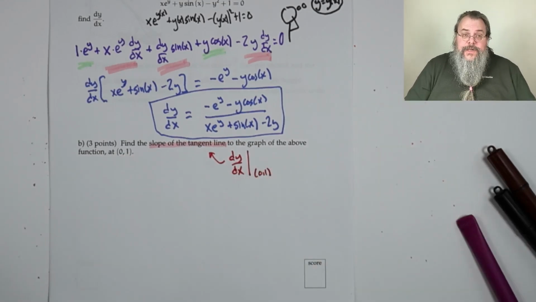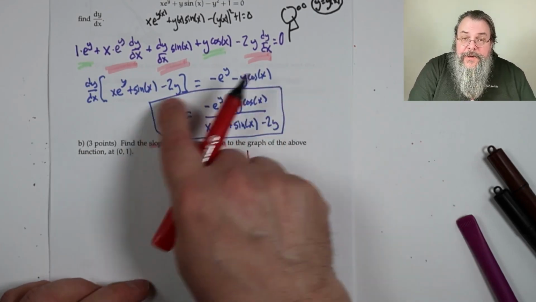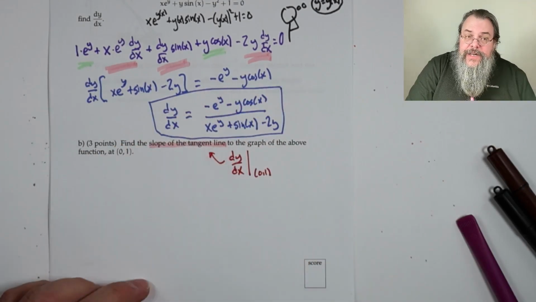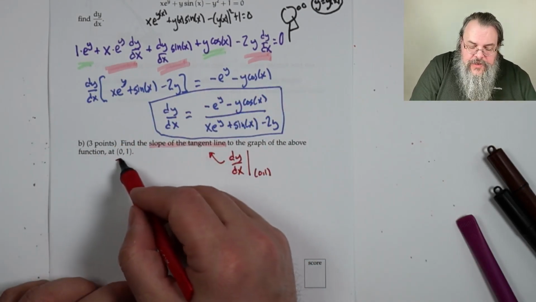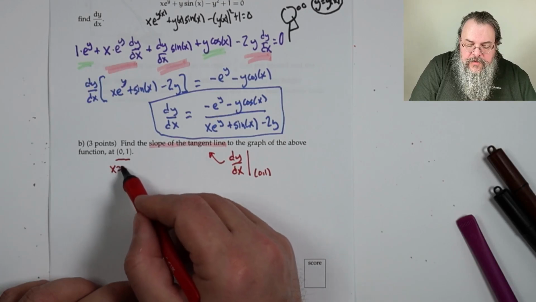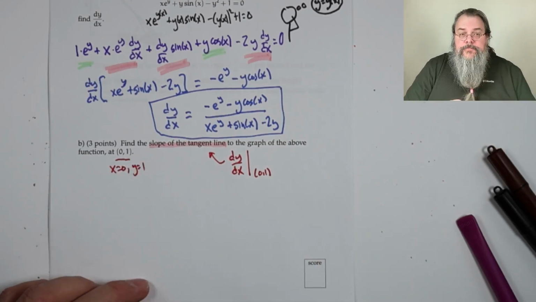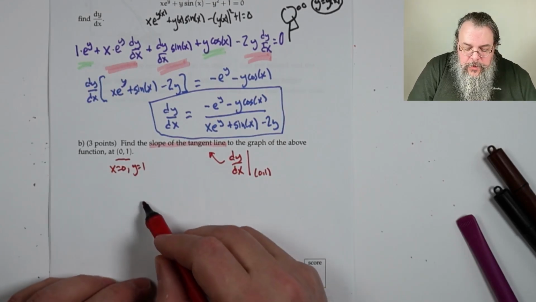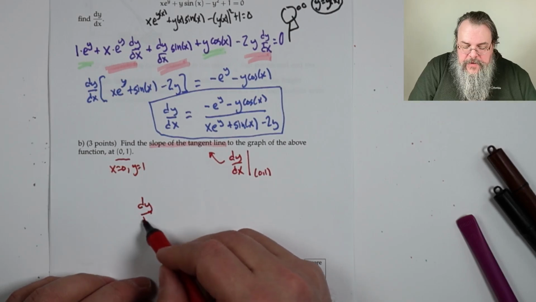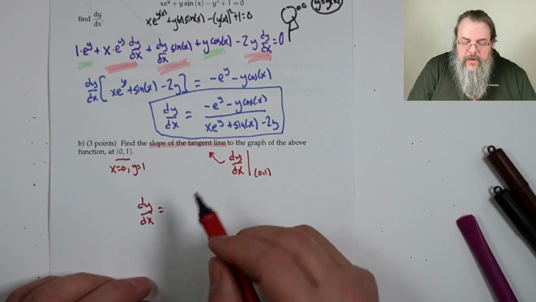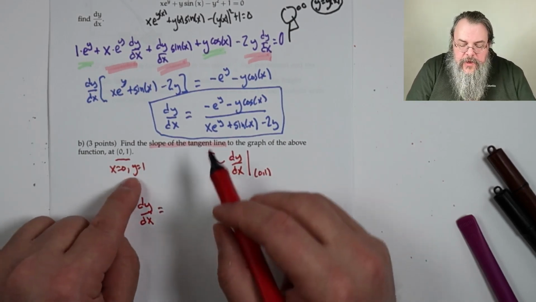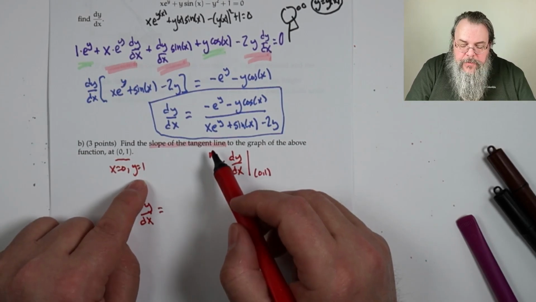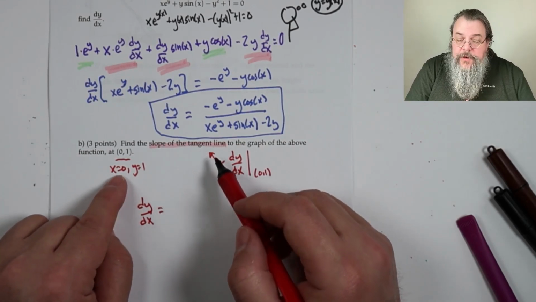So how do we do it? Well, we already have the derivative. It's plugging it in. And this notation here means x equals 0, y equals 1. So we have the derivative is, and now go through, everywhere we see a y, we're going to put a 1. Everywhere we see an x, we're going to put a 0.